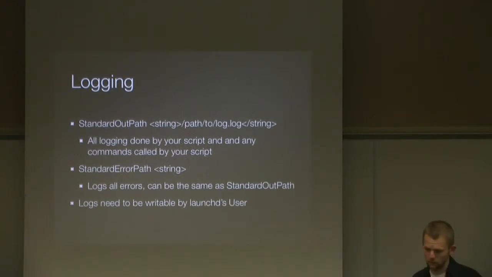You can send both the standard out and standard error messages to the same log. There's no issue. And that's just another string, so it takes just the path to your log file, probably in /var/log or /Library/Logs.